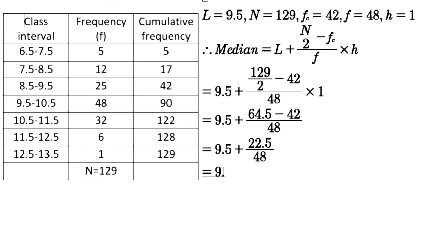Equal to 9.5 plus 22.5 divided by 48, equal to 0.47, and equal to 9.97. Therefore, we found the median value 9.97.